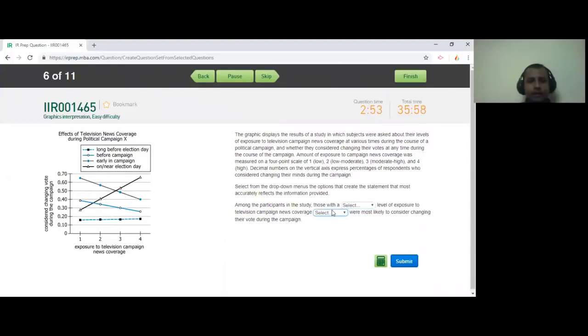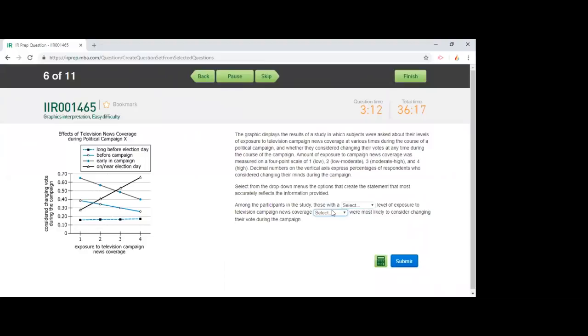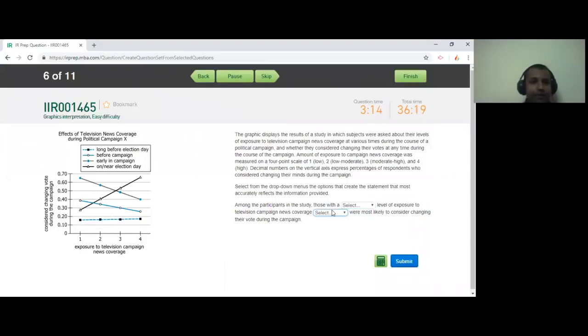Yeah, great, exactly. So what you did was you saw that there were two highest ones, both of them almost at the same level. So that creates a confusion. We tend to want to know the minute difference, and there is nothing as such to read from the graph, and they are very close.